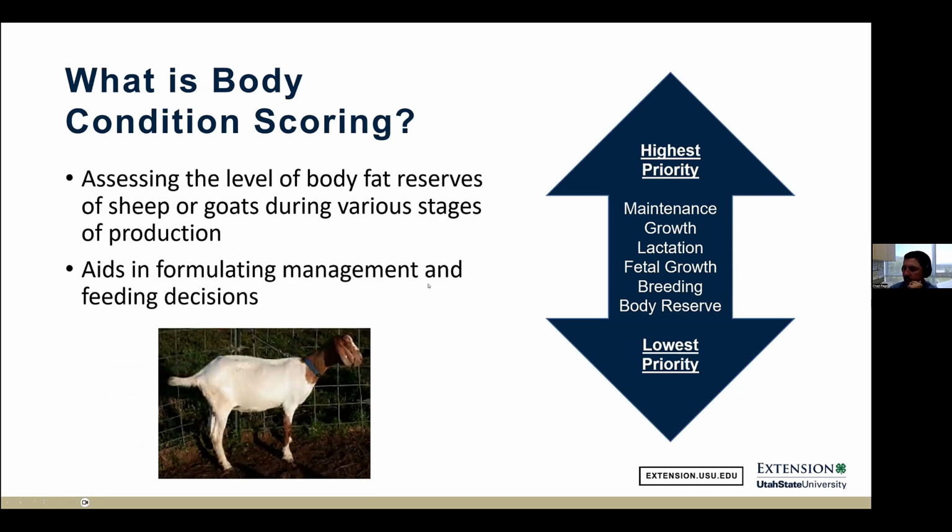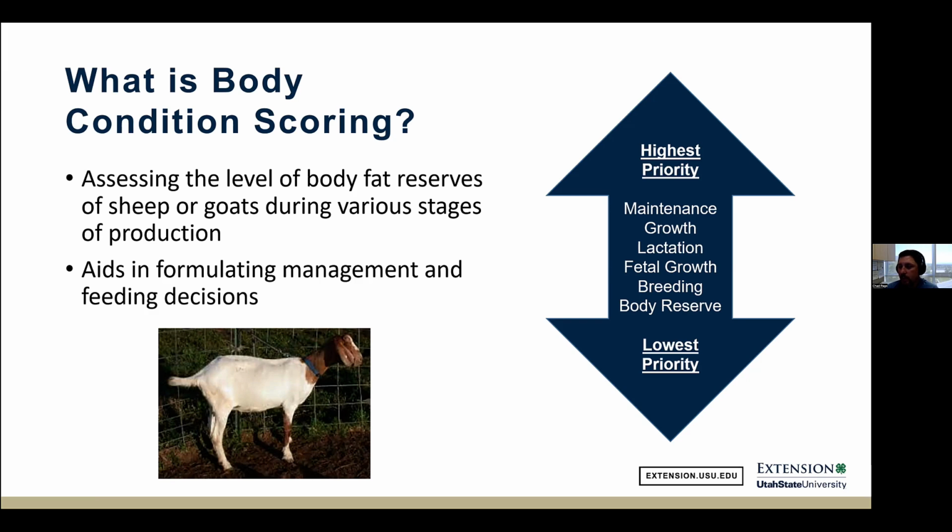First and foremost, I just want to point out the importance of body condition scoring. When we're learning how to feed our animals, body condition scoring can be a really easy, cheap tool that helps us to know if our animals are getting what they need nutrient wise or if they're not. Ultimately, their body condition score is going to be one of the best ways just to look and see how they're doing metabolically, right?